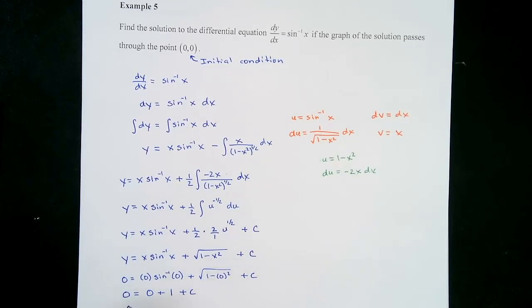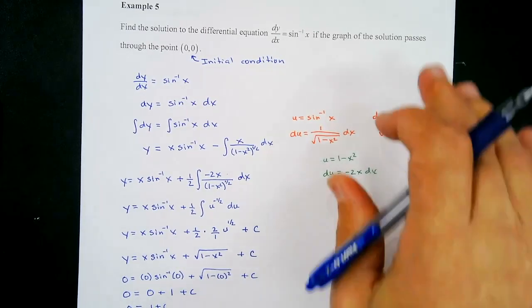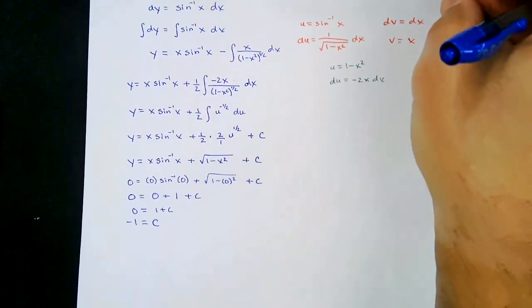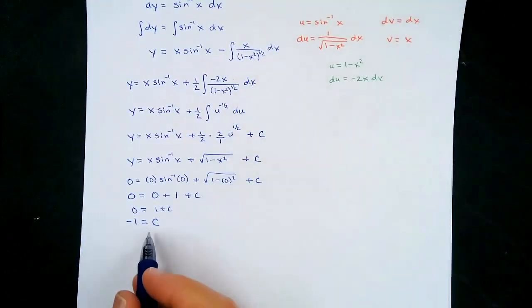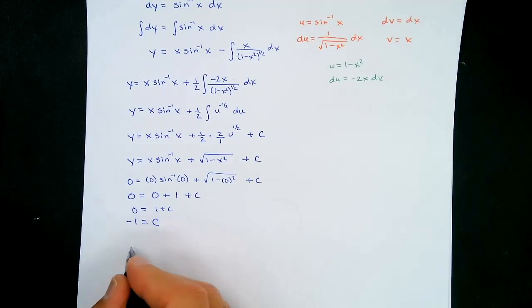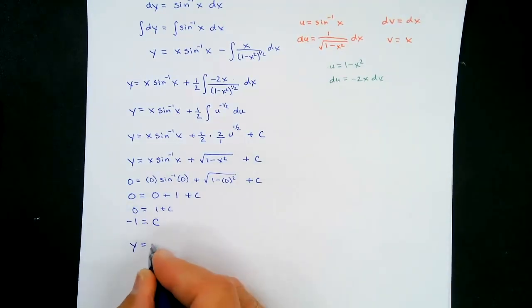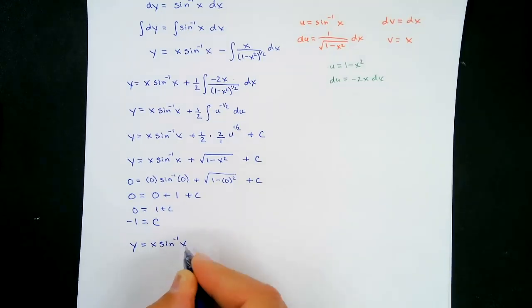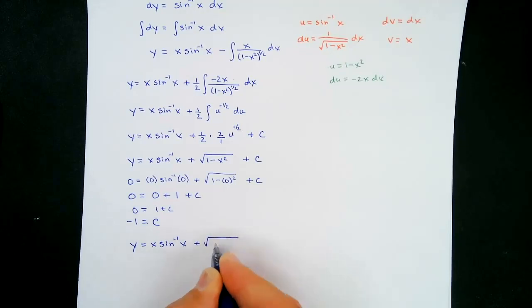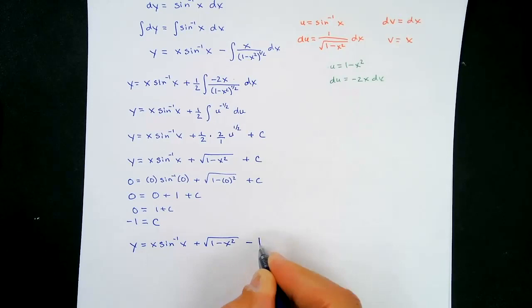So that means 0 is equal to 1 plus c, or negative 1 is equal to c. And I just realized you can't see, sliding it up. My c is negative 1. All right, so that makes the equation y is equal to x sine inverse of x plus the square root of 1 minus x squared minus 1.